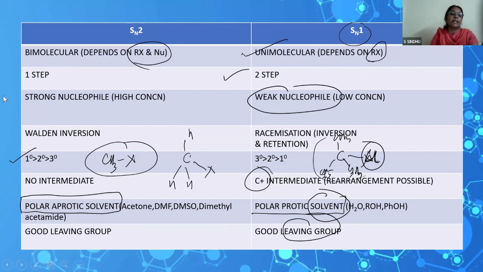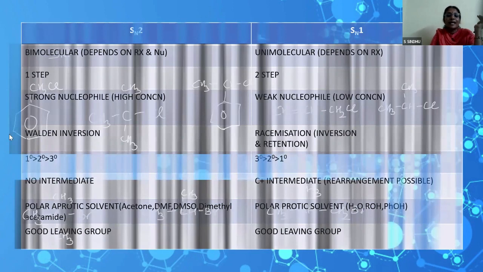Whereas in an SN2 mechanism, it is very important that we need a strong nucleophile, like sodium hydroxide, potassium hydroxide, aqueous sodium hydroxide, C2H5ONa, ethoxides. All these are strong nucleophiles. So a very strong nucleophile and high concentration is required for an SN2 mechanism. These are the main points in differentiating the SN1 and SN2 mechanisms.